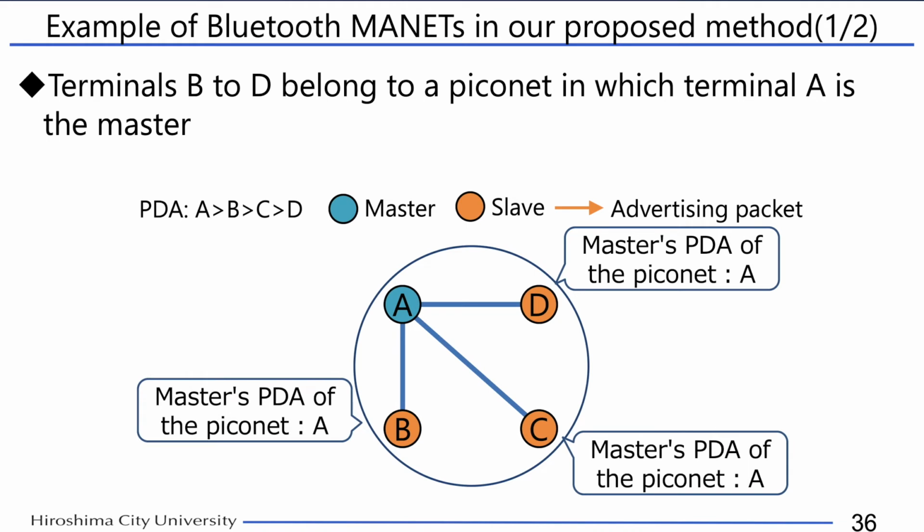From this slide, I will explain an example of Bluetooth MANETs using our proposed method. In this picture, terminals B to D belong to a piconet in which terminal A is the master.